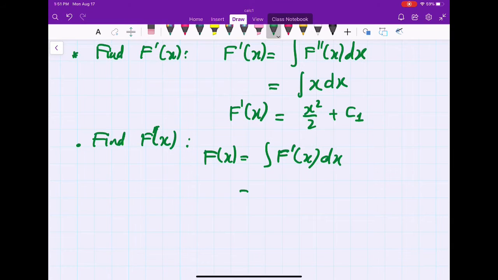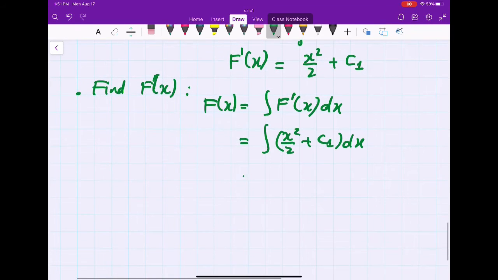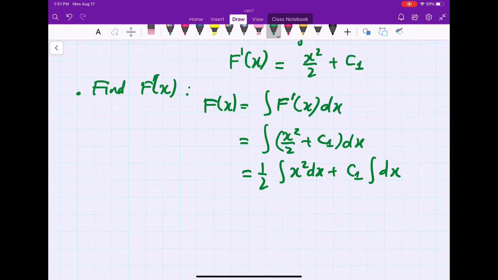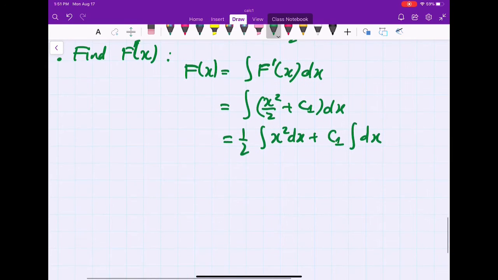So I just plug x squared over 2 plus c1 dx in here, and then that is 1/2 antiderivative of x squared dx plus c1 dx, because c1 and 1/2 are constants, so we can take them out of the integral, right?